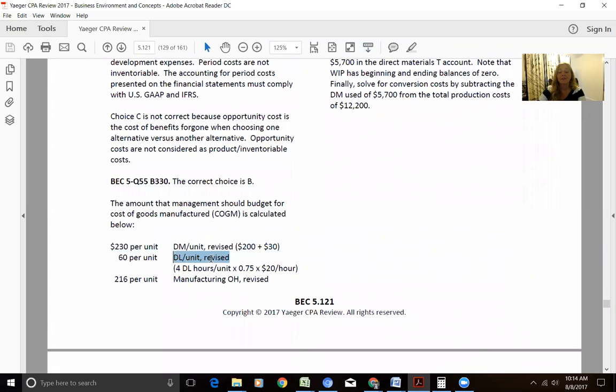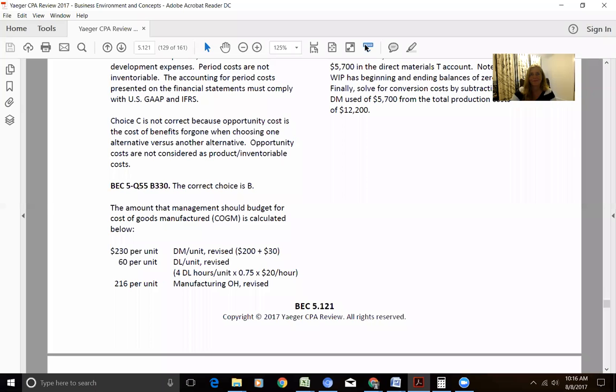It also tells us that it currently takes 4 hours to manufacture each unit, but because we're going through an automation process, we're actually going to be able to reduce that by 25%.